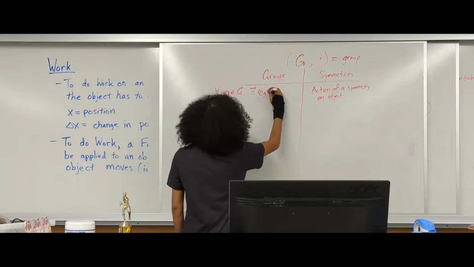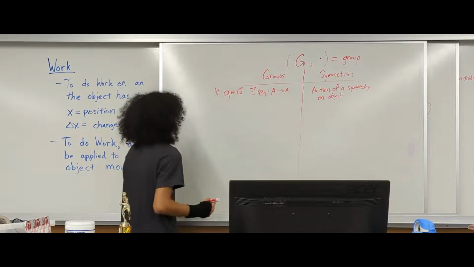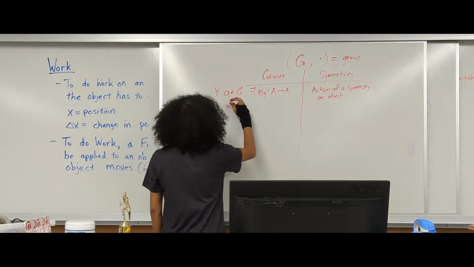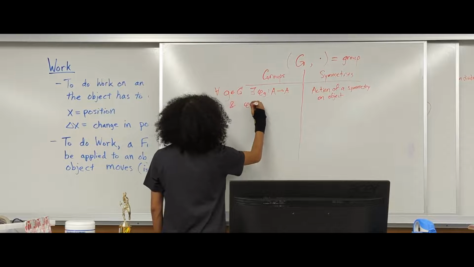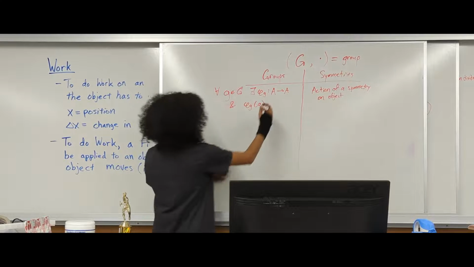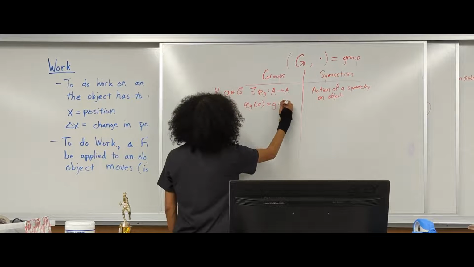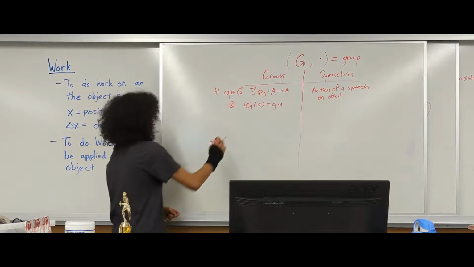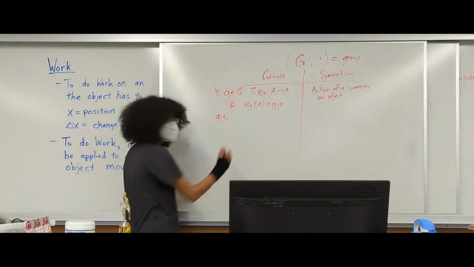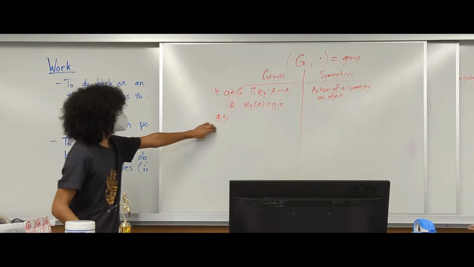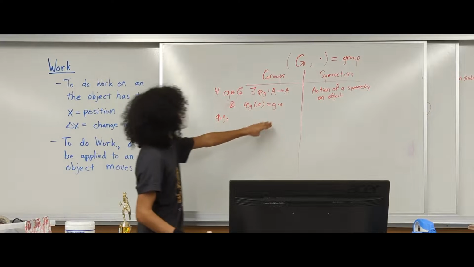So phi sub g from, let's say, some set A to A, and we denote this, phi g mapping A somewhere, as g dot A. So for the actual group operation, we'll just not write the dots, just like this. So g1 times g2, we'll write it like this. For the group action, we will use the dot.